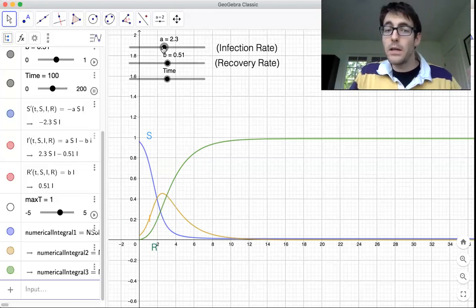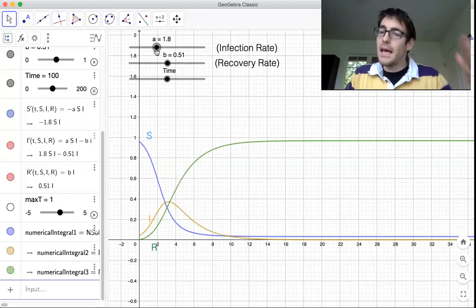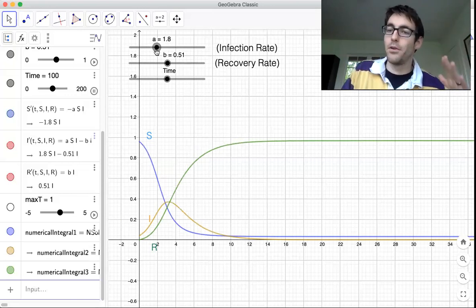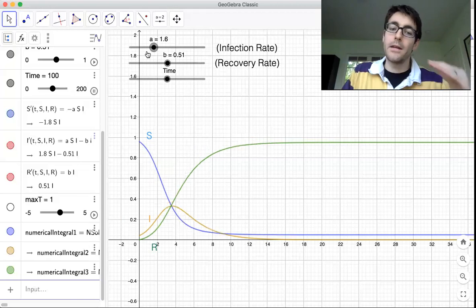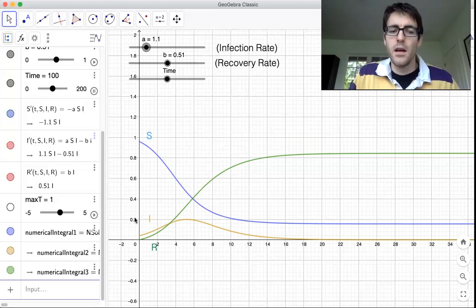If the infection rate drops, not only does this I curve, the total number of people currently infected, drop, but we also get a situation where the number of people who are susceptible, who never had the disease, doesn't actually go to 0. So there are some people who never get the disease. In other words, the disease burns itself out before it gets to everybody.